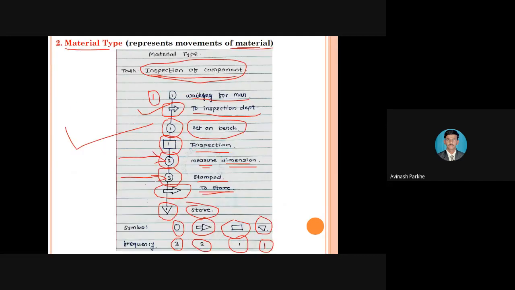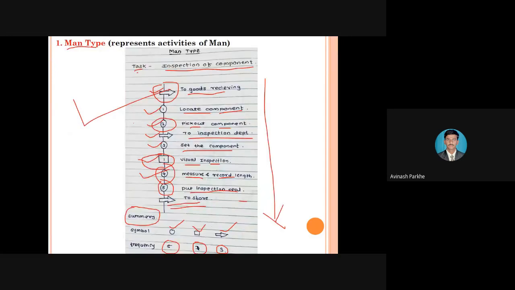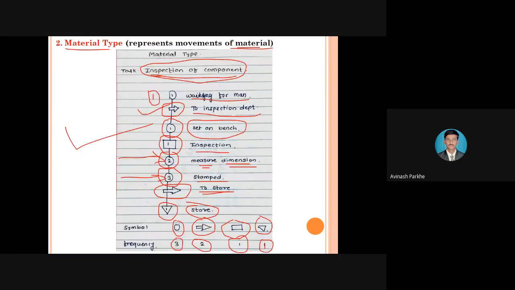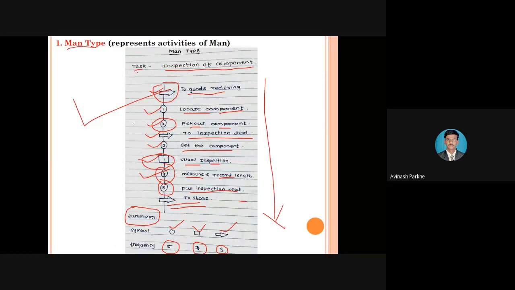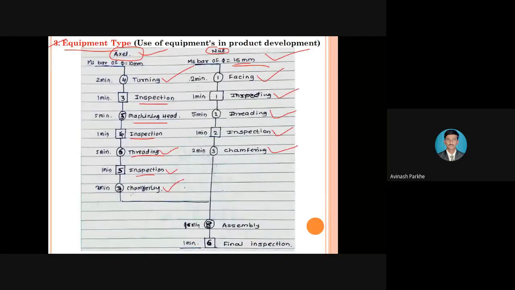So in type number 1 and type number 2, the task is the same, but the same task is performed by the material as well as the man. During the man type, I have the movements of the man only, and during the material type, I have represented the movements of the material only. And at the end, the summary is very important, so at the end you have to represent the summary also.